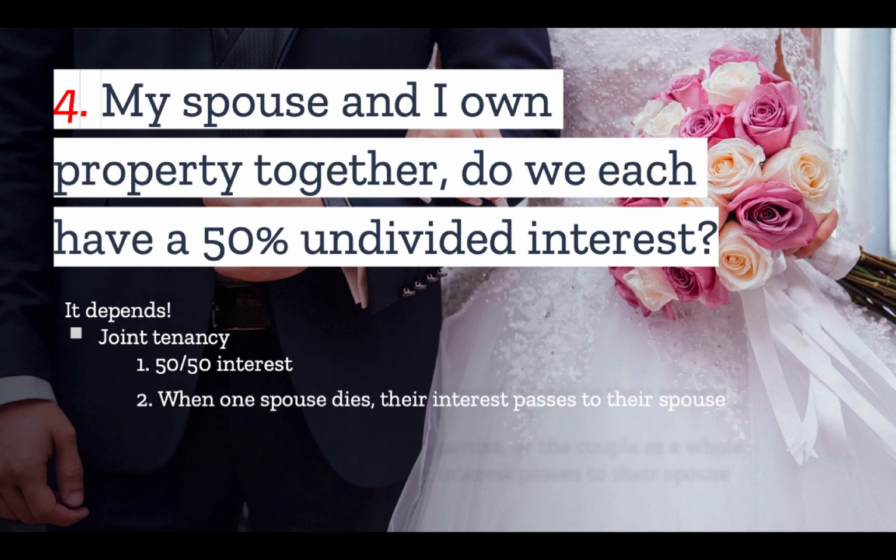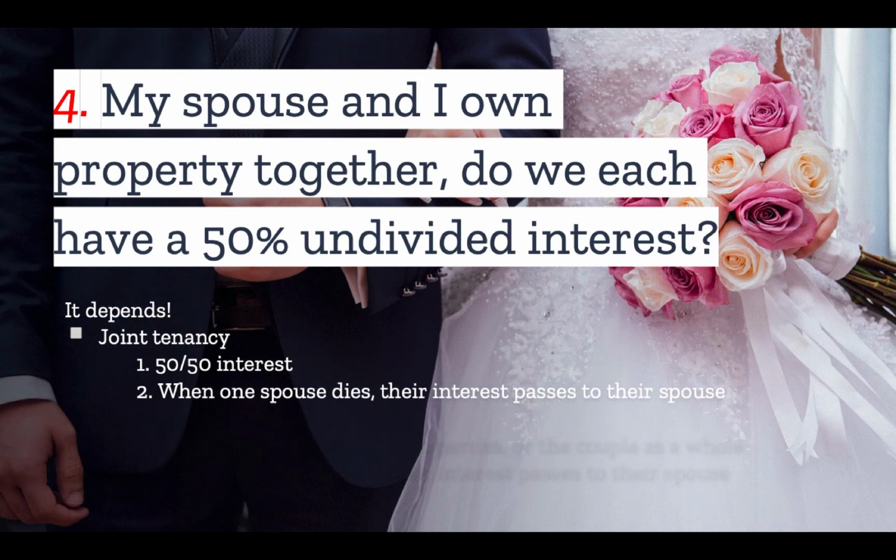The major difference between joint tenancy and tenants in common is that each person is not free to stipulate who inherits their interest when they pass away. With joint tenancy, when one owner dies, their interest passes automatically to the surviving owner. Another caveat when spouses buy property together is that there are a few states that are called community property states.